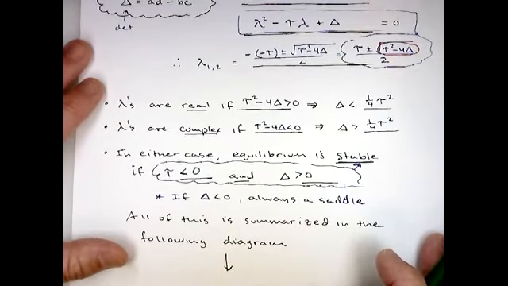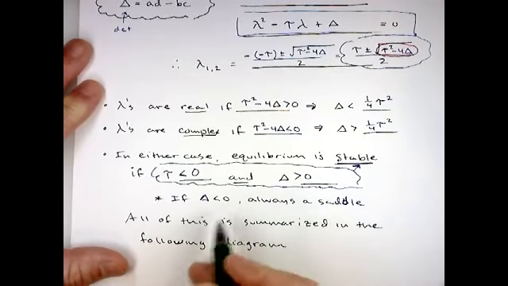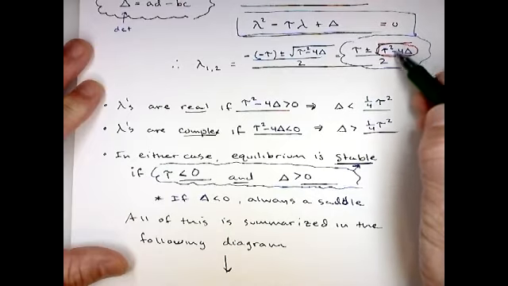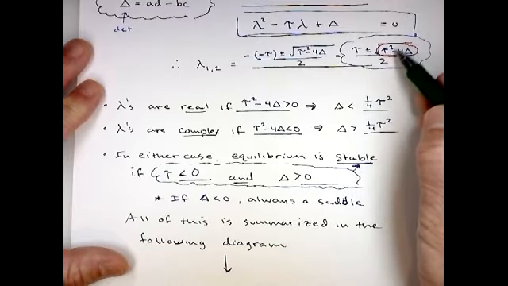Now, some more things we can learn about this. If delta is less than 0, think about this. If delta is less than 0, that means this part is going to be positive, right? Because this would be negative times another negative, which means inside your square root, you're going to be doing tau squared plus something.